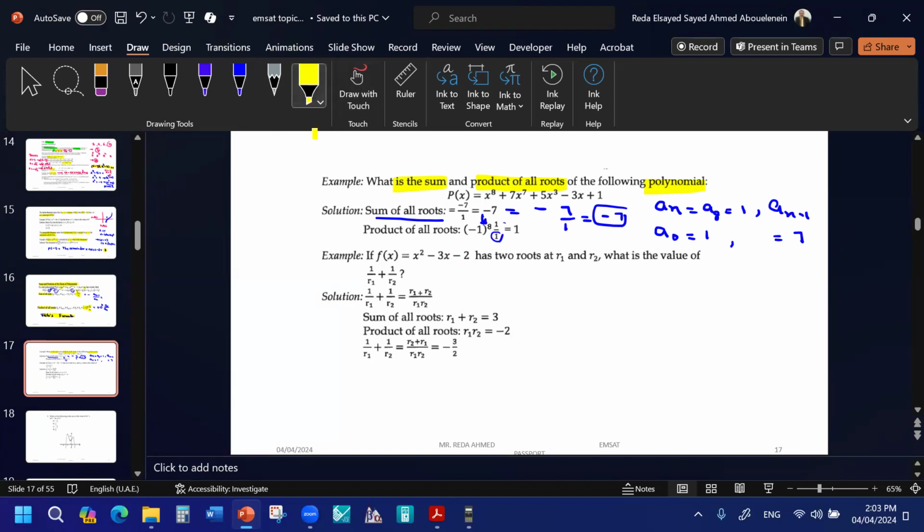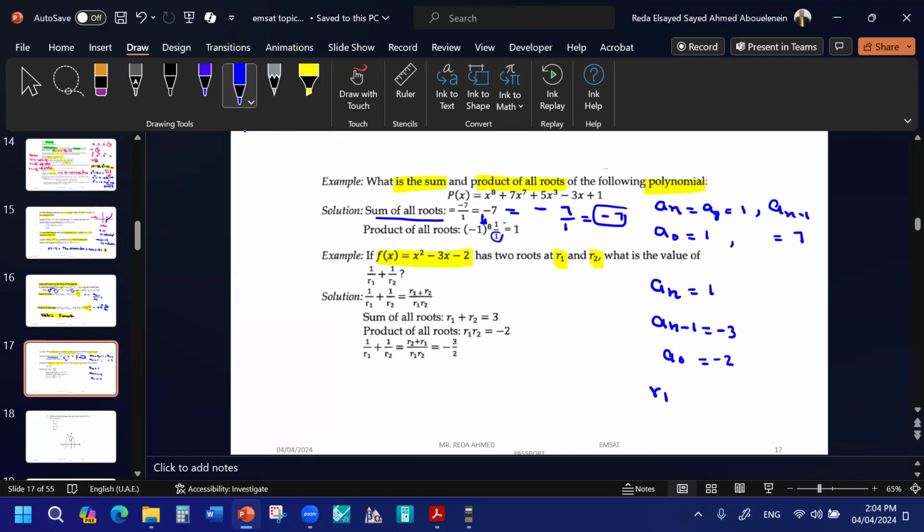Here, for this example, f of x equals x squared minus 3x minus 2 and has two roots, r1 and r2. So, before doing anything, you have to determine an, which is 1, and an minus 1, which is negative 3, and a node, which is negative 2.